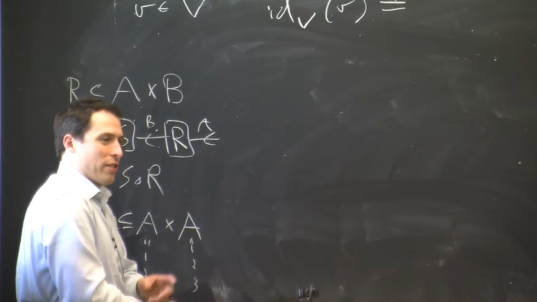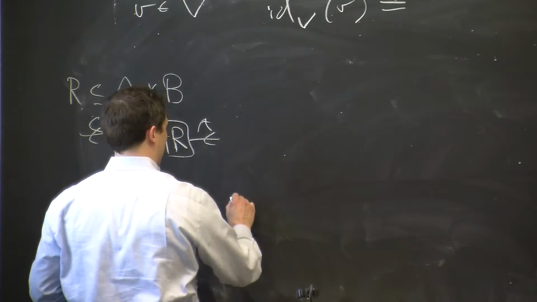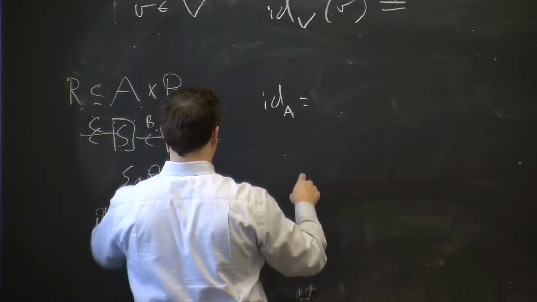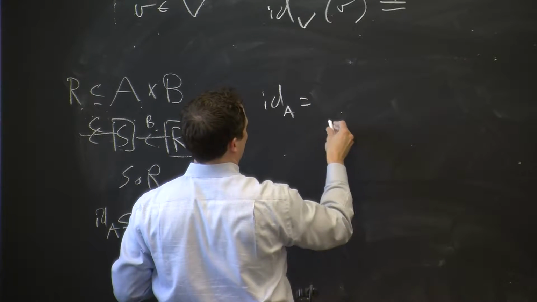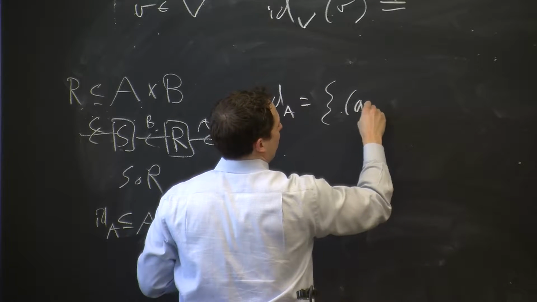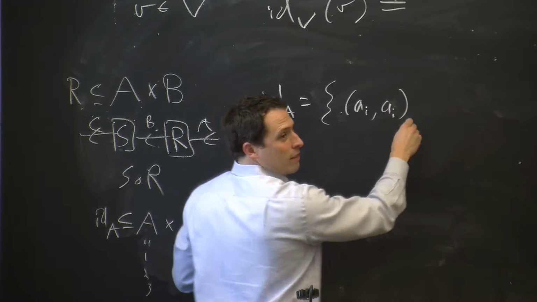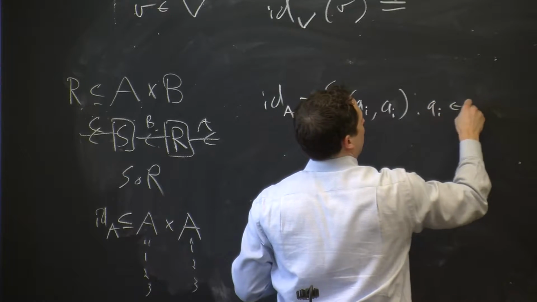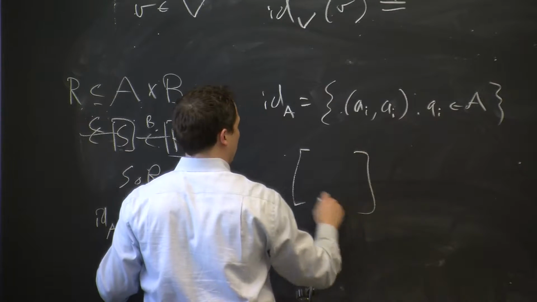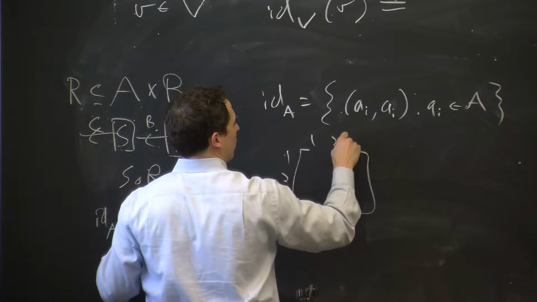It would be the identity matrix, right? So the identity on A in this setting of finite sets and relations is just going to be pairs (a_i, a_i) such that a_i is in A, which in this case I can write as a matrix, 1, 2, 3, 1, 2, 3.